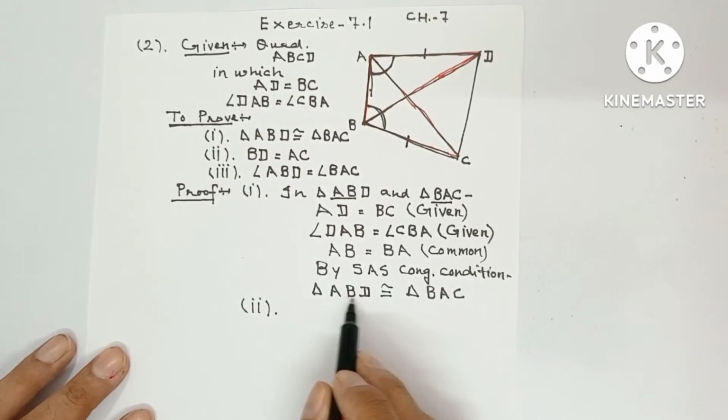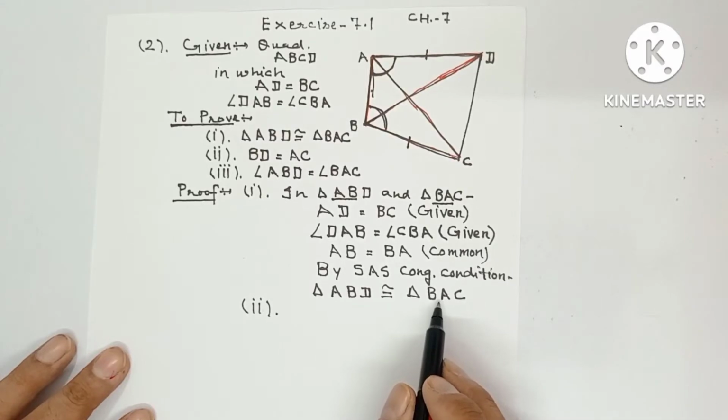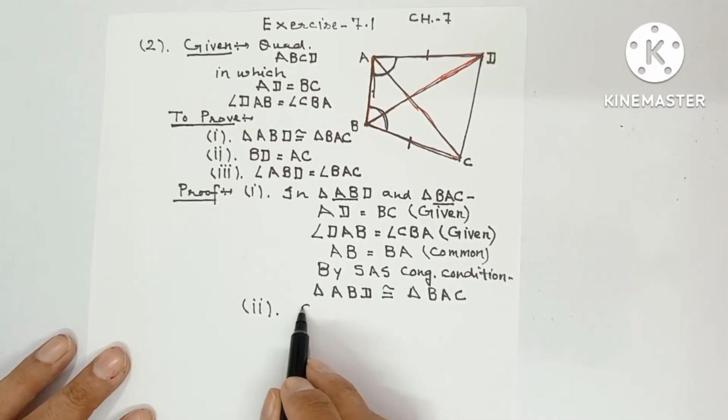Second part: since both these triangles are congruent, their corresponding parts will also be equal.